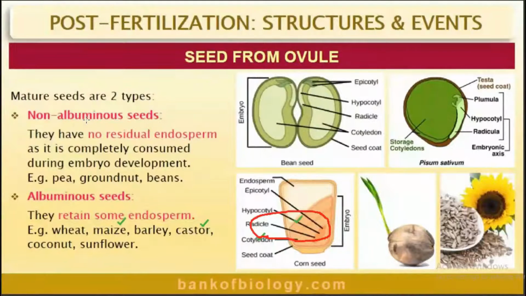There are two types of seeds when the seed matures. One is albuminous seed and the other one is non-albuminous seed. Or we can say endospermous seed or non-endospermous seed.